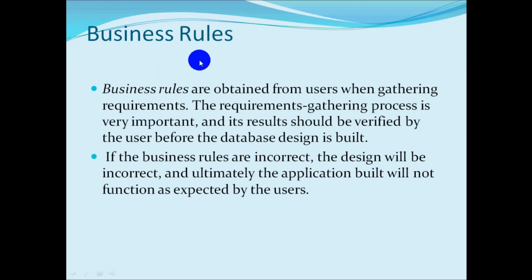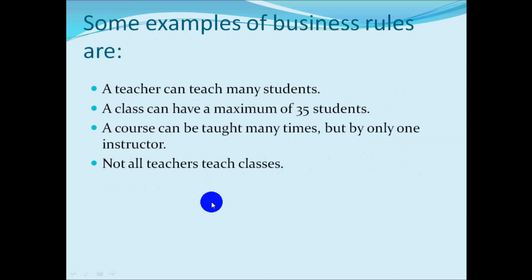Let's see what a business rule is. Business rules are obtained from the user when gathering the requirements. The requirement gathering process is very important, and its result should be verified by the user before the database design is built. If the business rules are incorrect, the design will be incorrect, and ultimately the application built will not function as expected by the user.